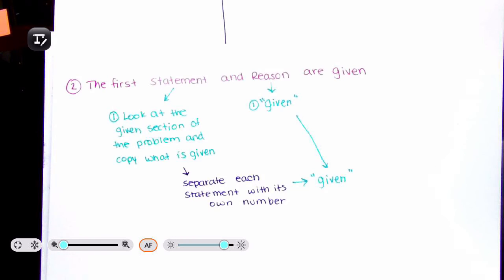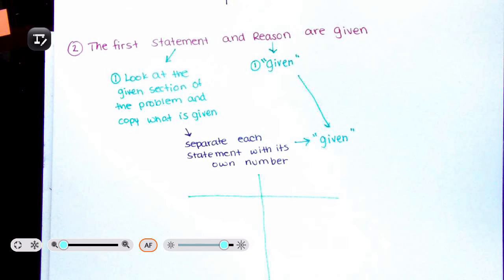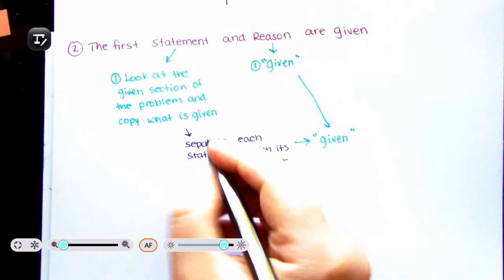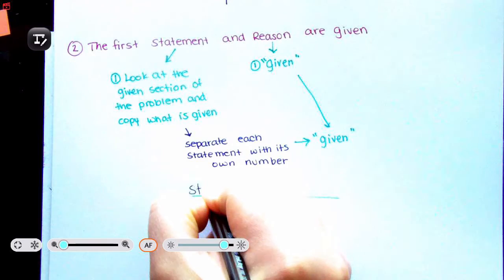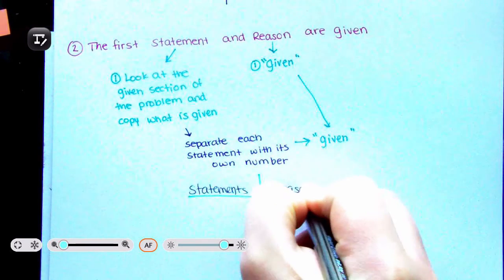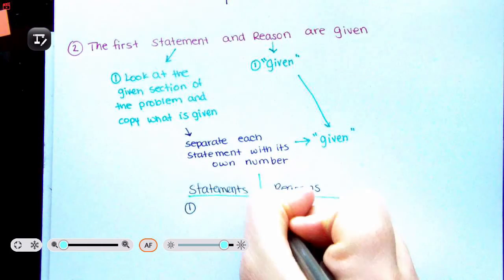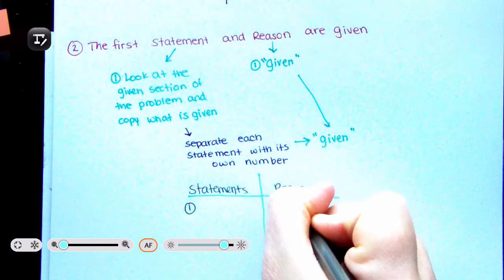So how does it look overall? So here's our T-chart. We have our statement and our reason column. Then we're looking at our statement, whatever that statement is, and our reason is given.